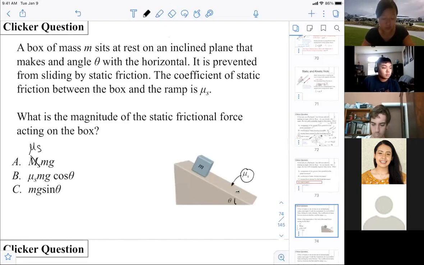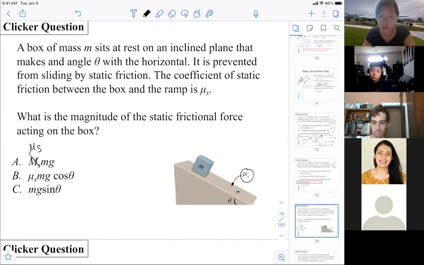All right, so we know that mu s times mg is not correct, because if you were to use the coefficient times normal force, the format that we're very familiar with, you need the normal force, and that's not mg, right?